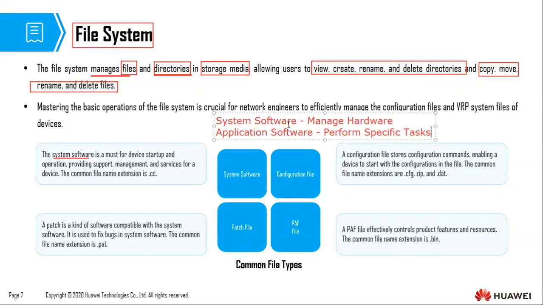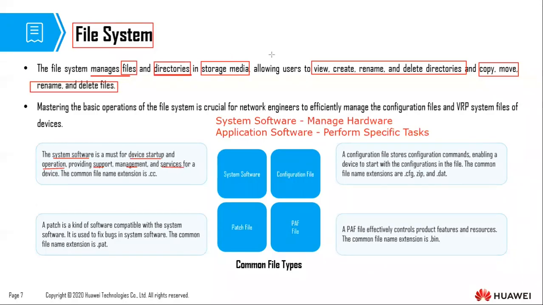So those are the 2. Similarly, in Huawei devices, you'll have a system software, and that system software is what you're calling VRP, by the way. The system software will be used for the device startup and operation, and also provides support, management, and services for the particular device.